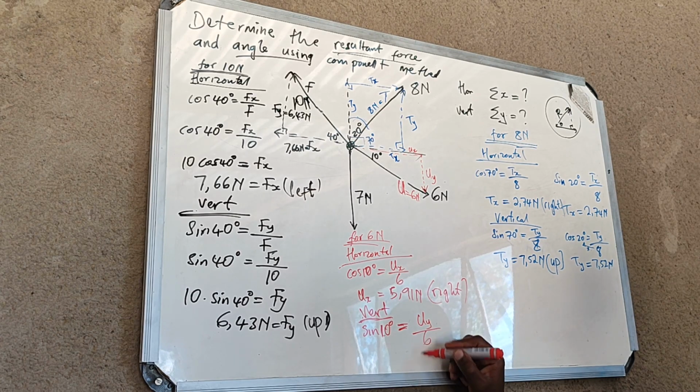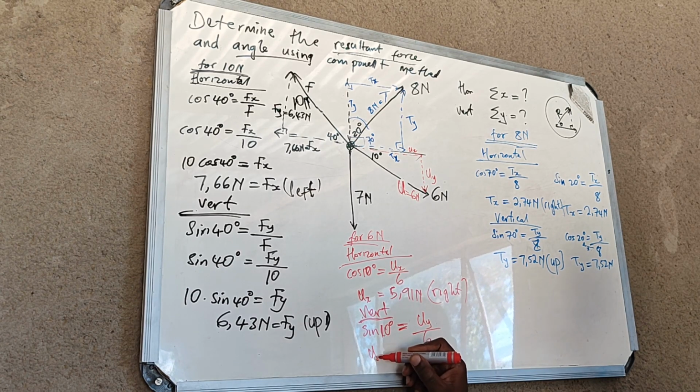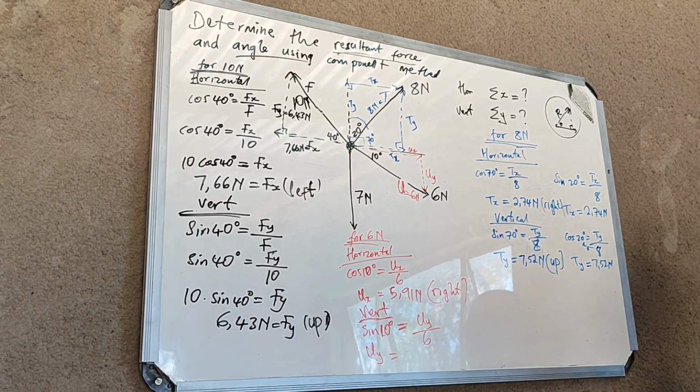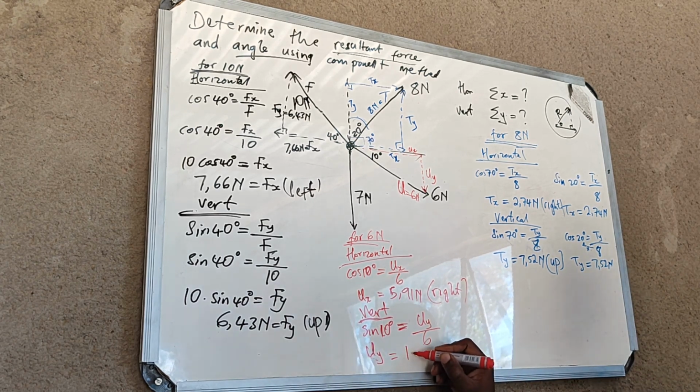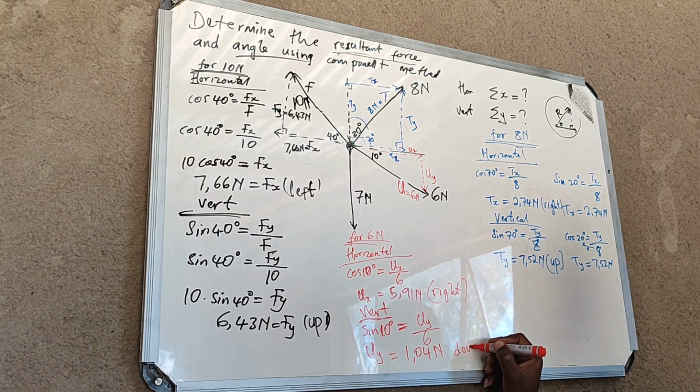The hypotenuse is 6. So what is u of y, or uy? How much? 1.04 newtons. That will be going down.